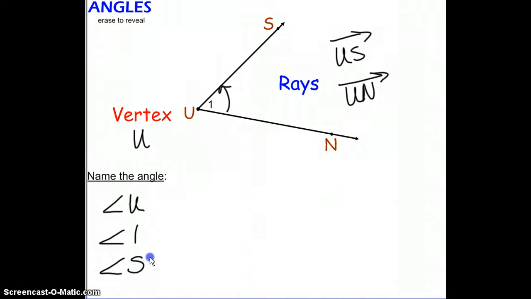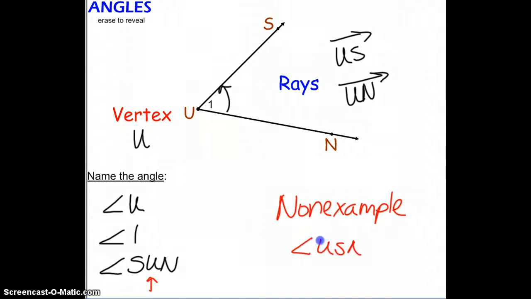So you always put the vertex in the middle. Okay, so a non-example would be angle USN. Okay, do not write angle USN.